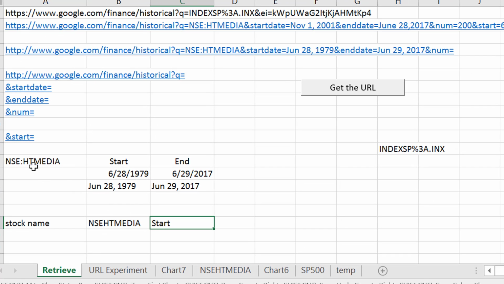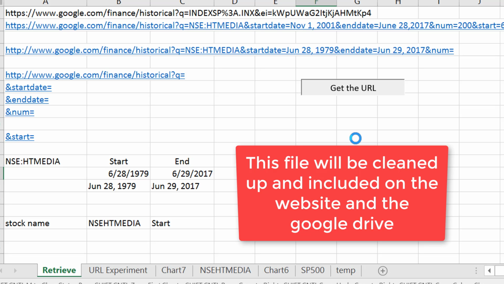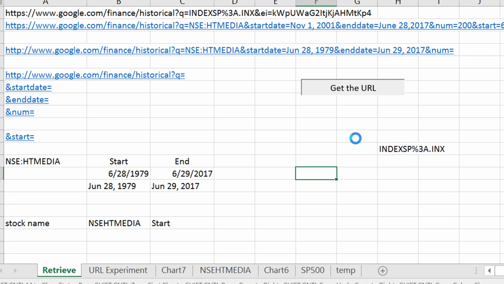You can't have the little thing. You click on this, get the URL, and here's what it does. Right now it's going and getting every sheet. It's taking a little while.